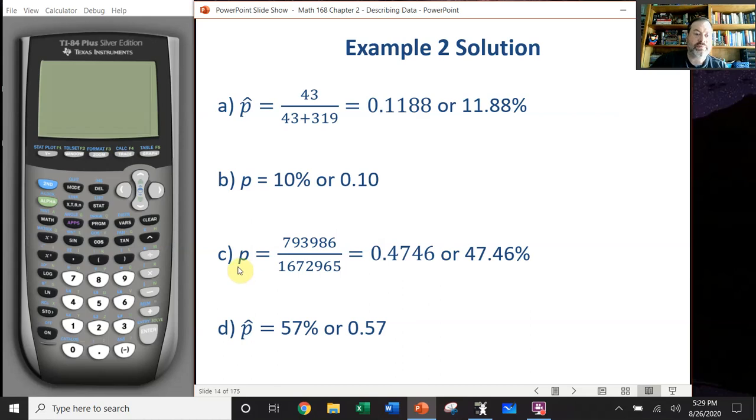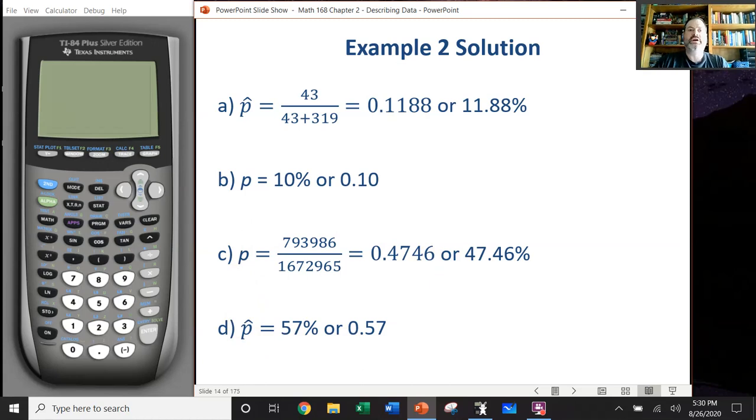Here's a population proportion that's computed. Here's a sample proportion that's given. Don't think that just because it's a sample you have to compute something, or just because it's a population you don't have to compute something. Because that's sort of what happens later, but it doesn't always work.